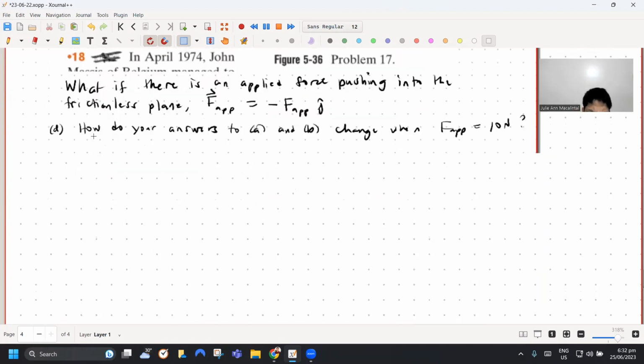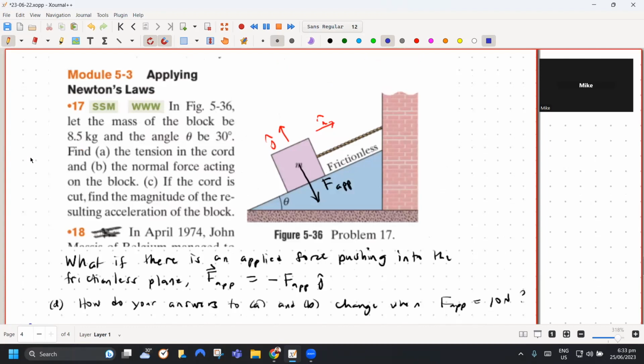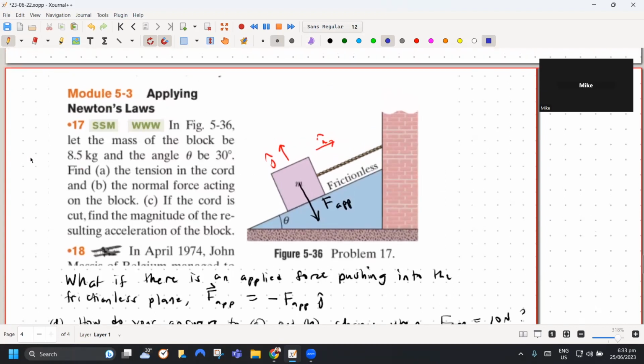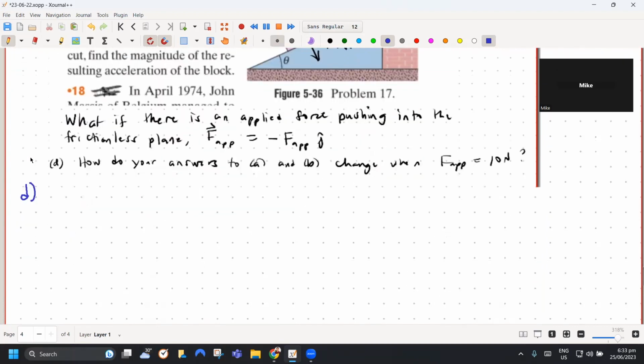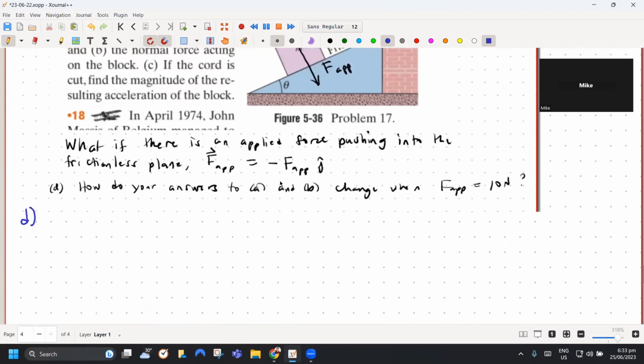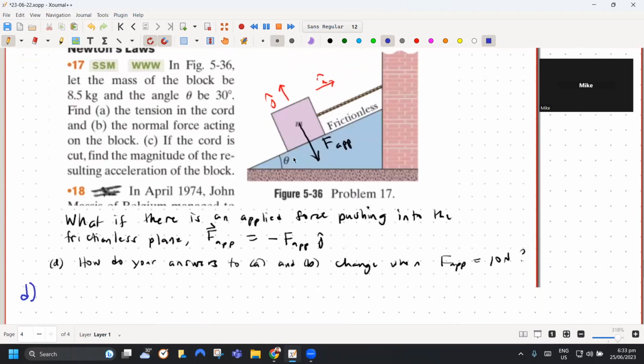Okay. So, is this an equilibrium situation? Frictionless eh.